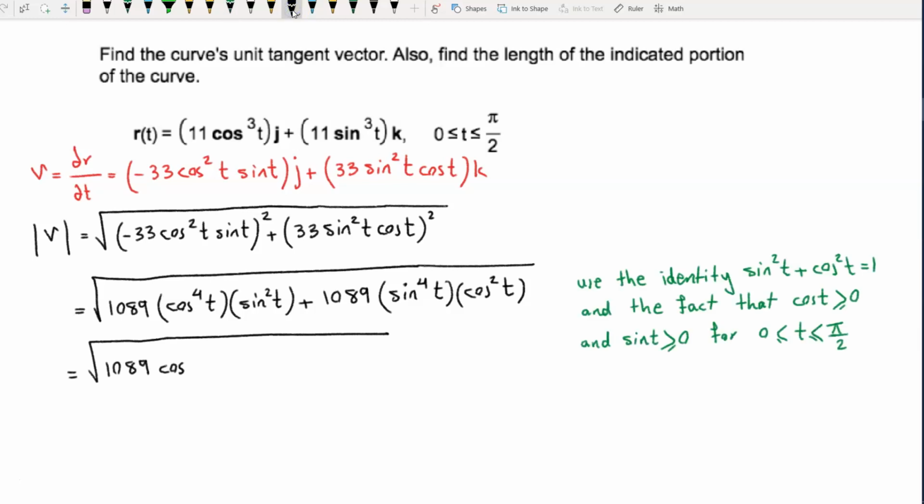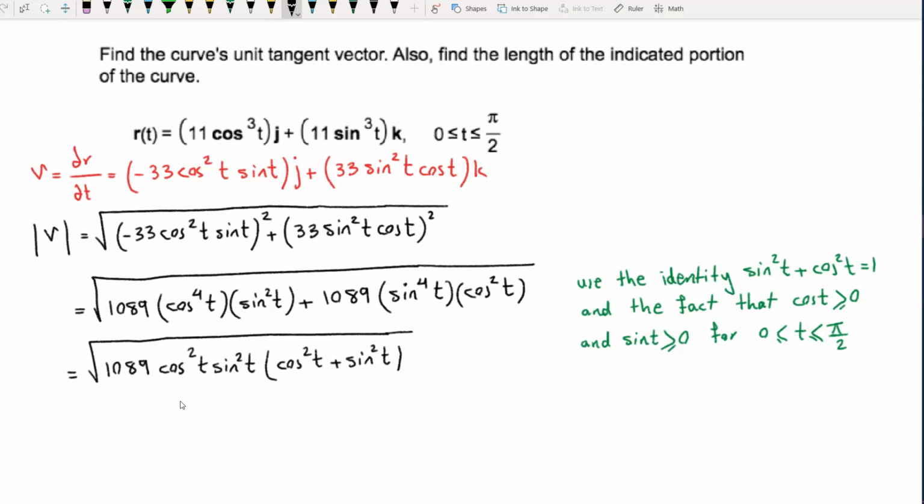Use the Pythagorean theorem, sine squared plus cosine squared equal to 1, and the fact that cosine t is greater than or equal to 0 and sine t is greater than or equal to 0 for t between 0 and pi over 2 inclusive. So here we have the square root of 1089 times cosine squared t times sine squared t multiplied by cosine squared t plus sine squared t.